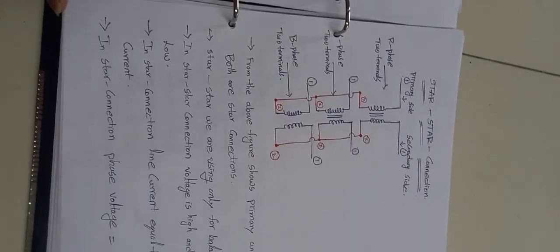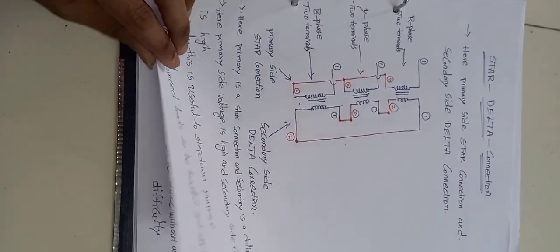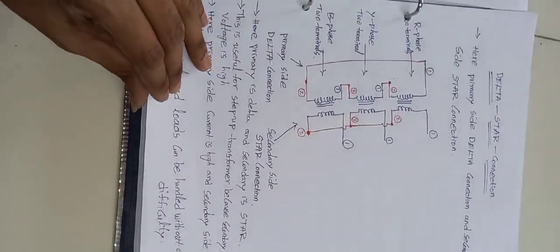We have different types of experiments here. The first one is a star to star connection, the next one is a delta to delta connection, the next one is a star to delta connection, and the next one is a delta to star connection. So we have four types of connections.